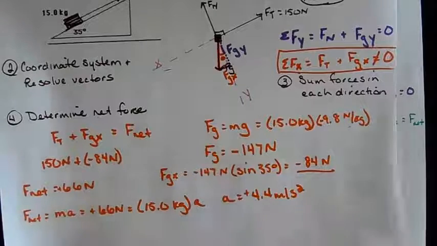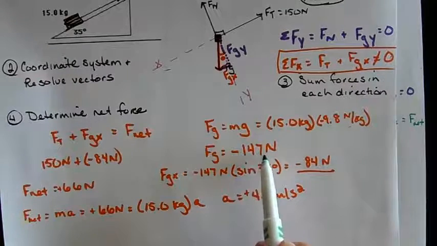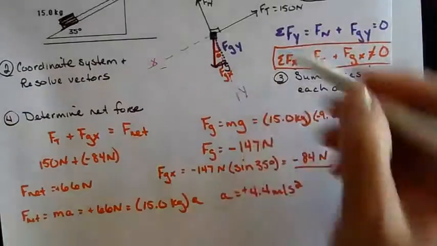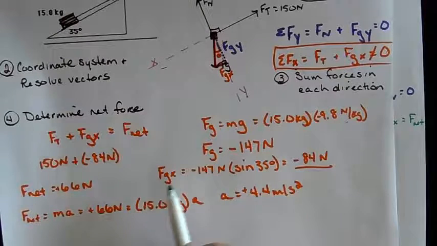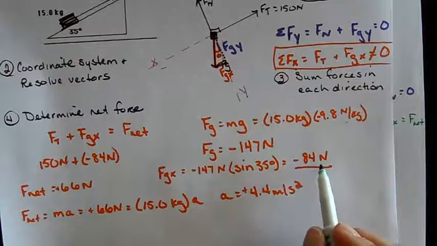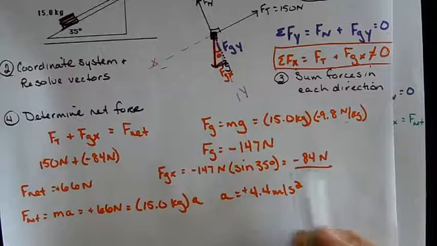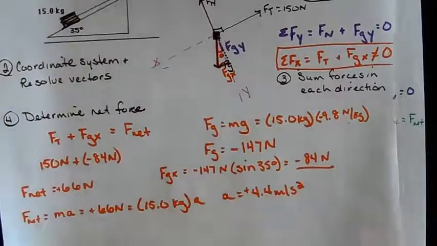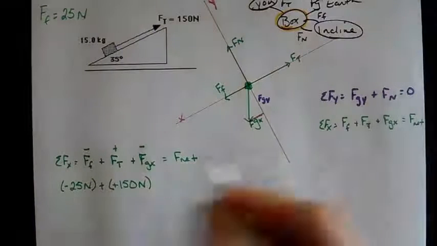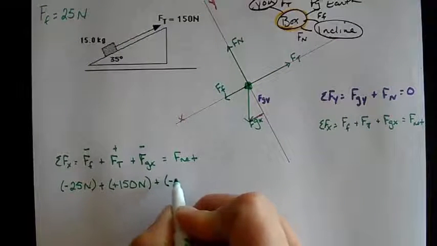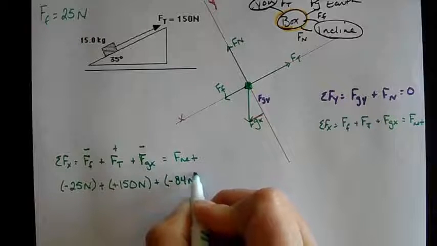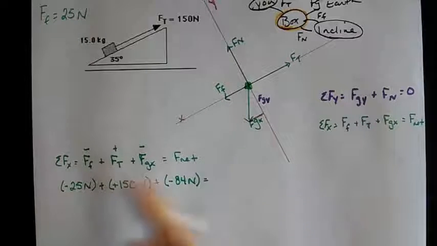Our force of gravity was negative 147 newtons. And then we found that x component using that sine function, and so we found that that x component of gravity was negative 84 newtons. So this is the same because the mass hasn't changed. The only thing that's changed is our friction. So we have an x component of gravity of negative 84 newtons. Okay, and that's equal to our net force.